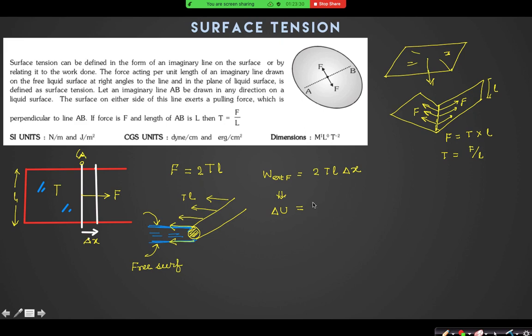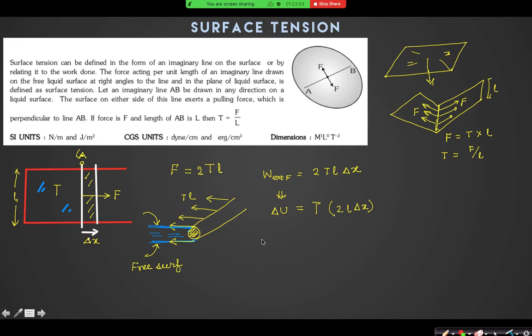So that is equal to surface tension multiplied by 2L delta x. Now what is 2 into L delta x? Is that the increase of free surface area if you take both upper and lower surfaces?